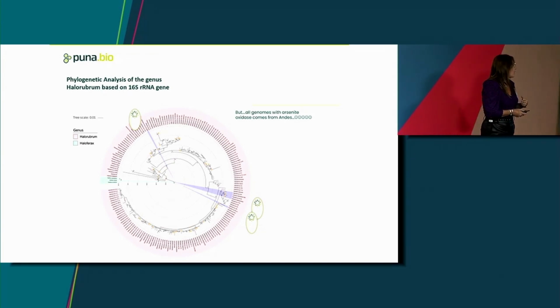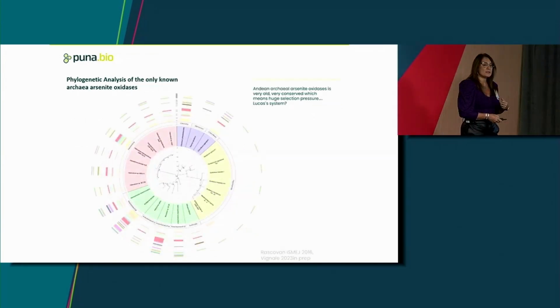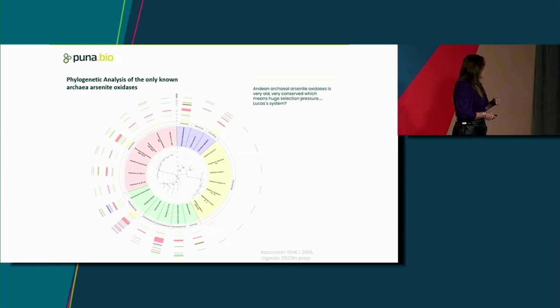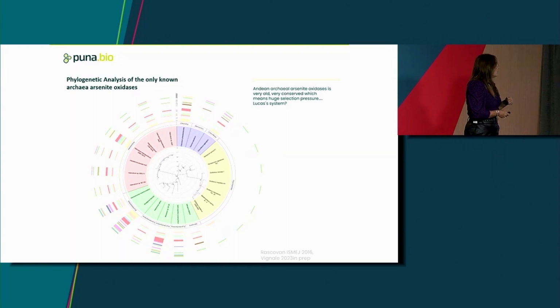And when we compare all these genes among them, these are the Halorubrum genes. This is a Halorubrum from the Andes, which has these IOA genes, okay? Comparing IOA genes from other phylogenetic bacteria, we found that in all the Halorubrum that has IOA genes, these genes are very conserved, very old.